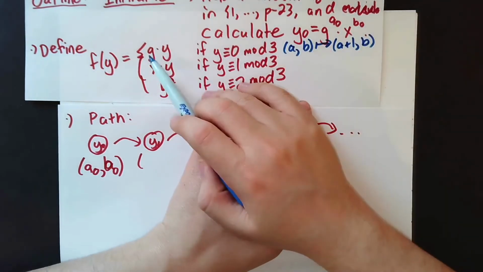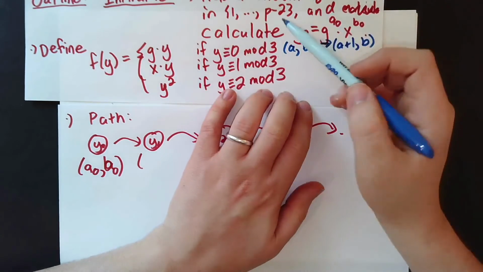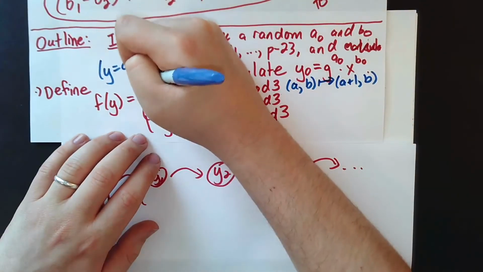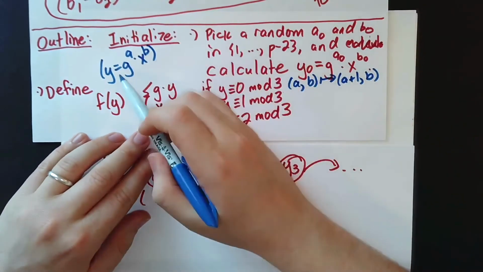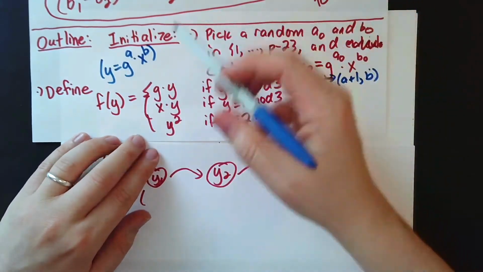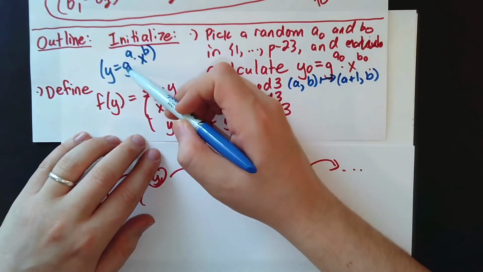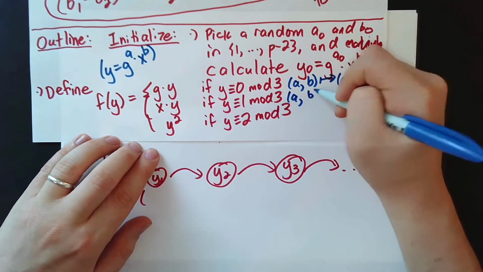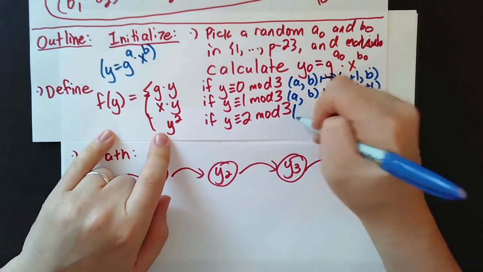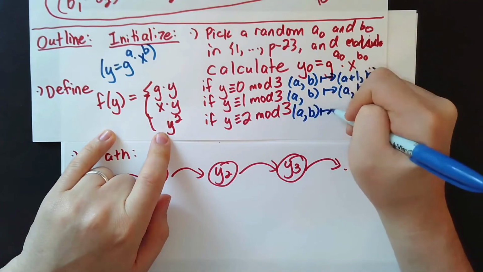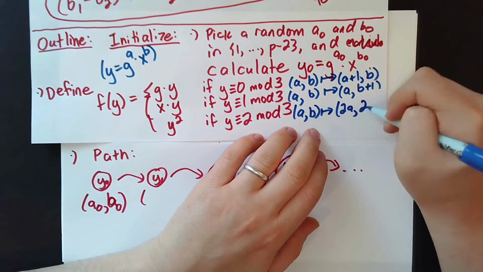Because all I've done is multiply by g, and remember, y is g to the a times x to the b, so if I multiply by g, that gives me one more g, so I go from g to the a to g to the a plus 1. If I instead multiply by x, well, it's the same thing, except instead of increasing a by 1, I increase b by 1. And if I square y, well, that is going to double a and b.